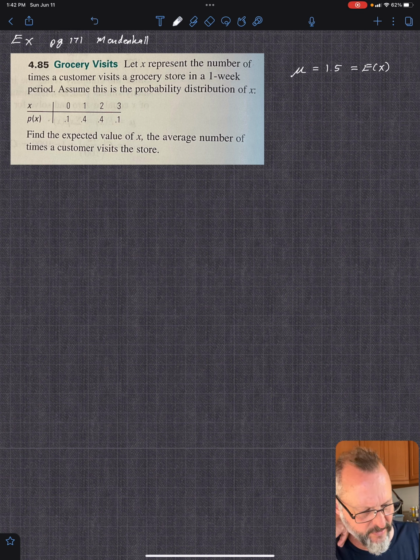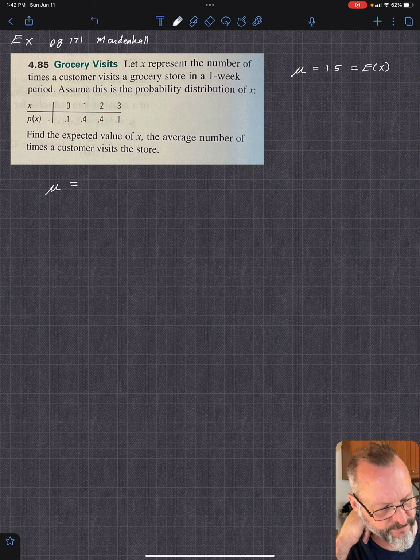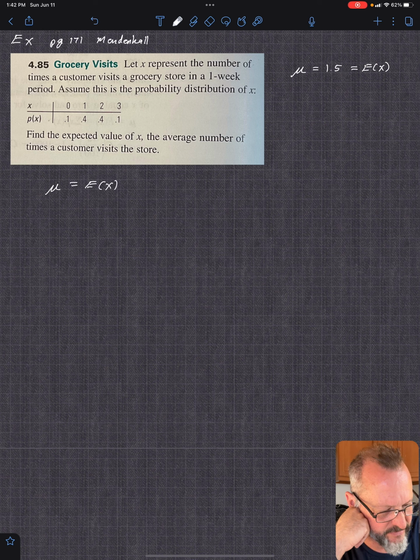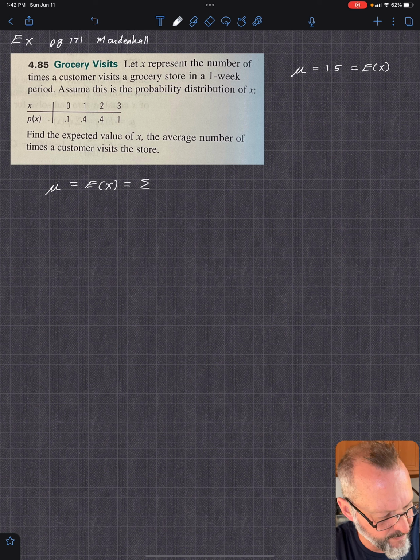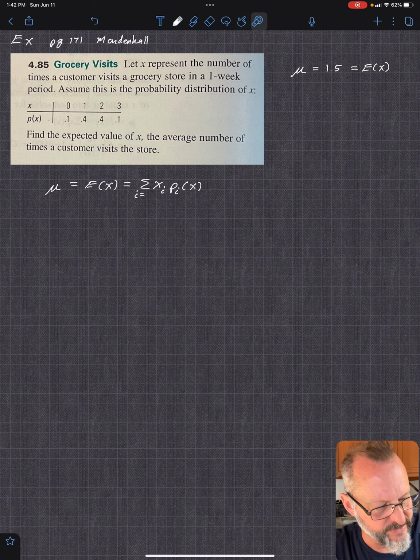All right, so you know that mu equals, so this is like making the assumption that you know the entire population. So we're using mu in this case, which is the expected value of x. And it is the sum over x sub i, p sub i of x, where i goes from 1 to, so you can call it 0 or just 1.